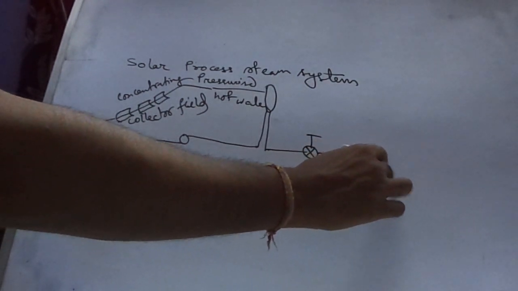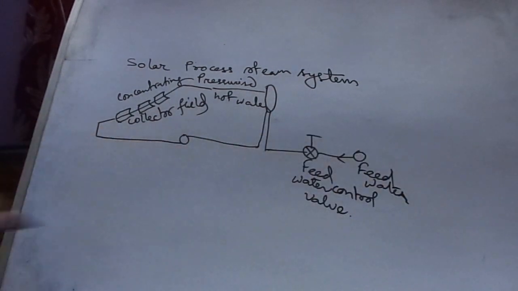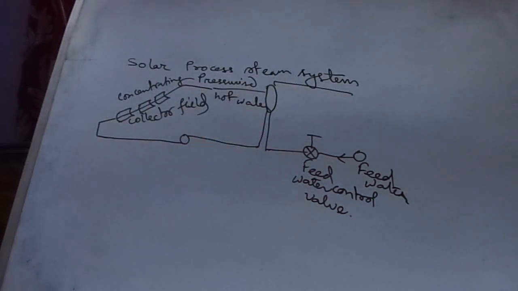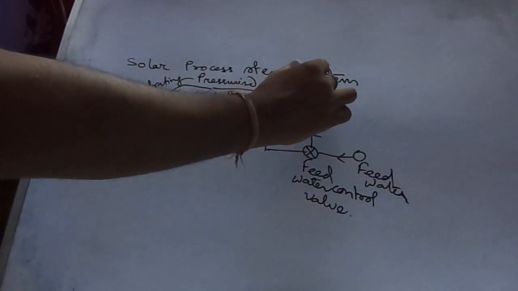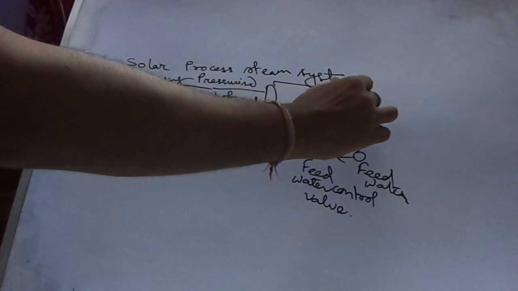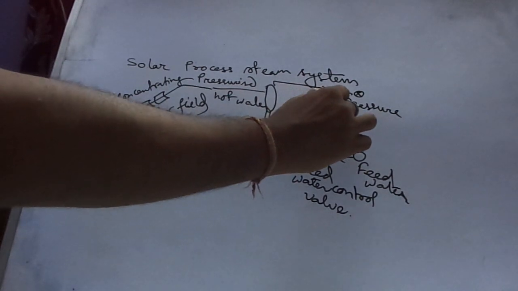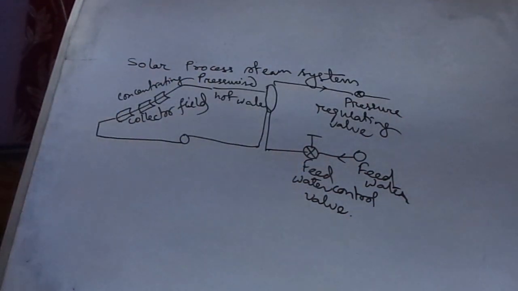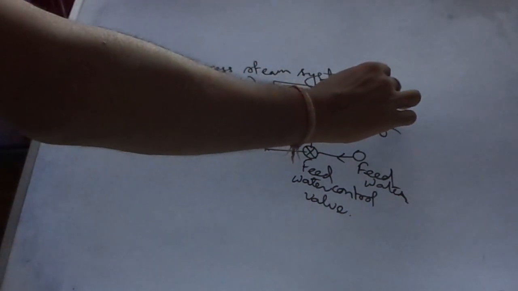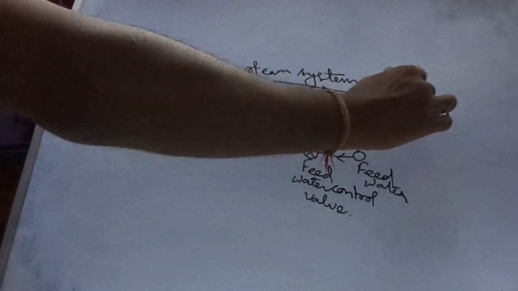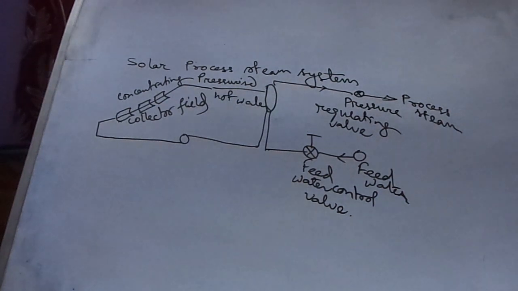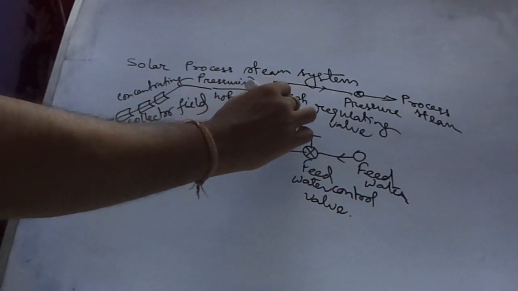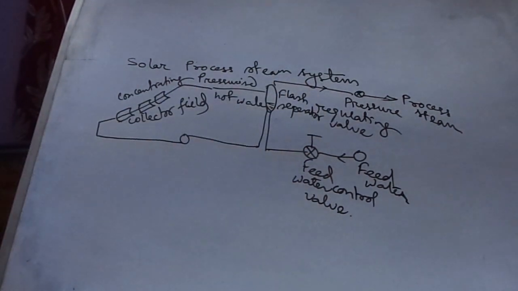Then there is the steam pressure regulating valve, and this is the process steam that goes outside. This one is the flash separator.